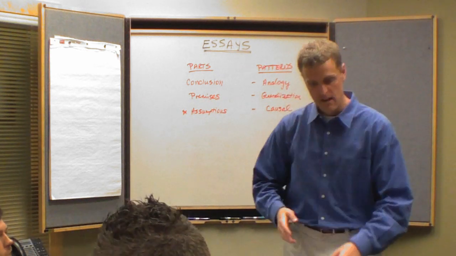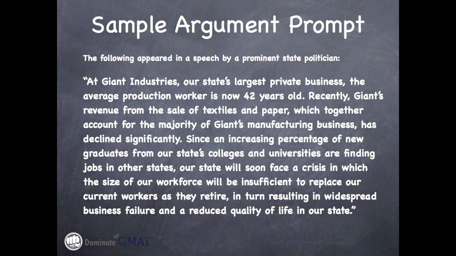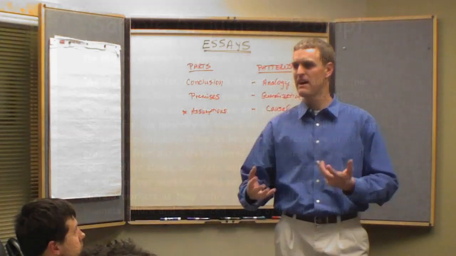And then what does it do? It says since. Remember, since is one of those introductory clue-in words that's going to be a premise. Since, blah, blah, blah, blah, blah, blah, blah, blah, blah. And then comma, there will be widespread business failure and reduced quality of life in our state. Isn't that the whole point?